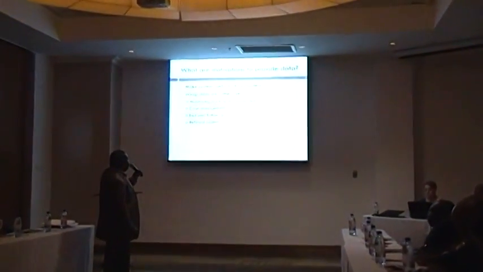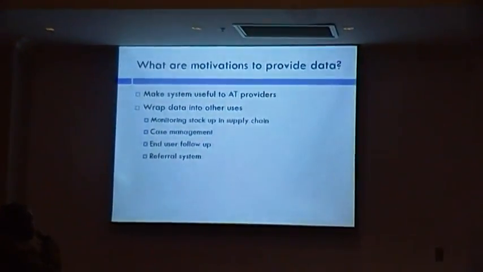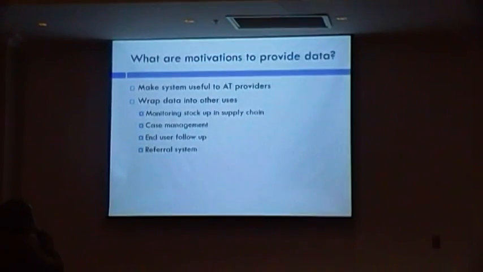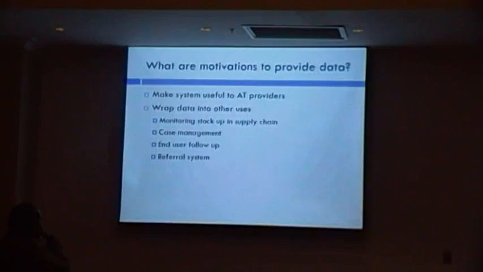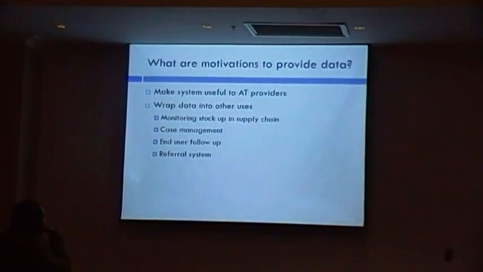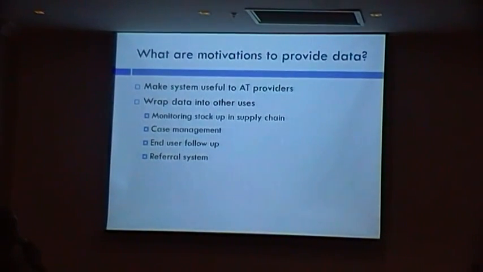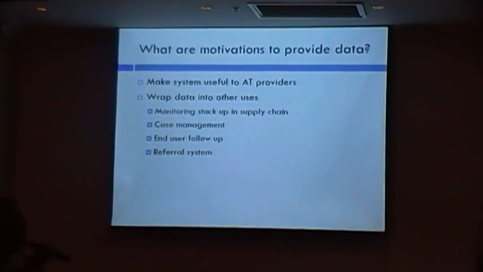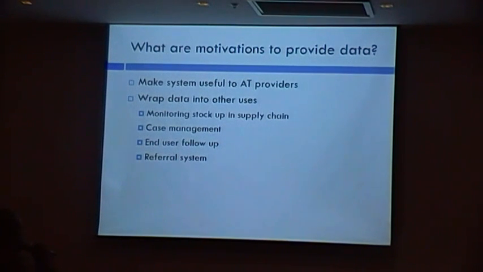What are the motivations to provide data? Number one, make the system useful to AT providers. Wrap data into other uses, such as monitoring, stock keeping, supply chain, case management, end-user follow-up, and the referral system. So when we come up with the system, we'll be looking at how useful the system will be.